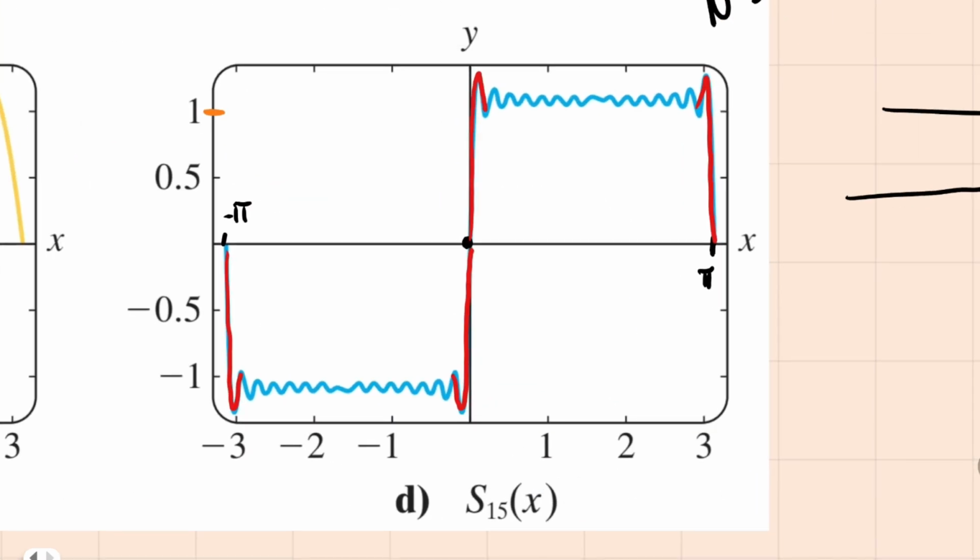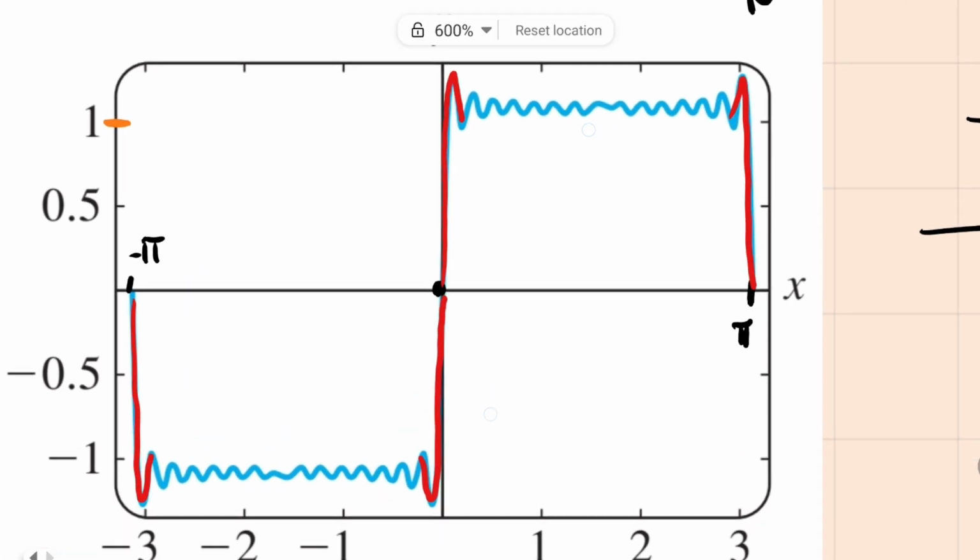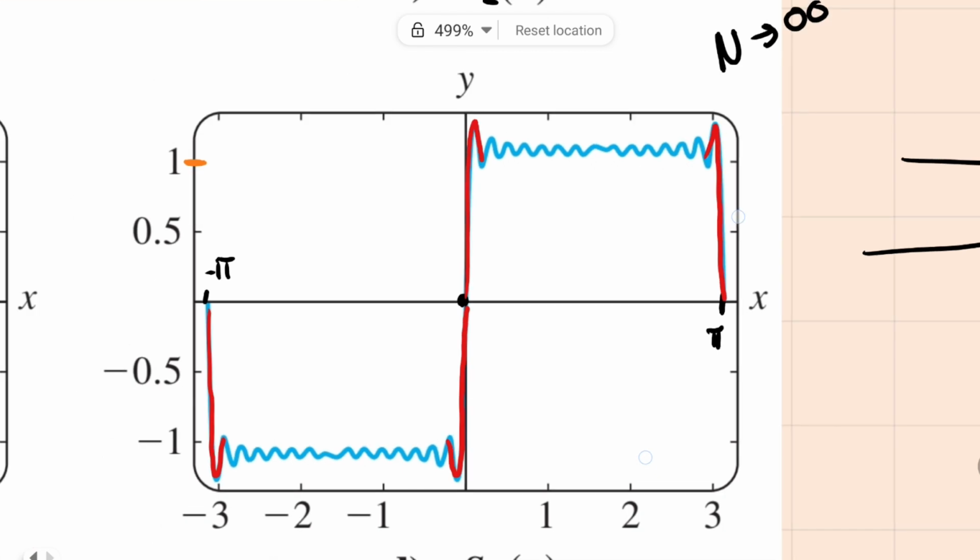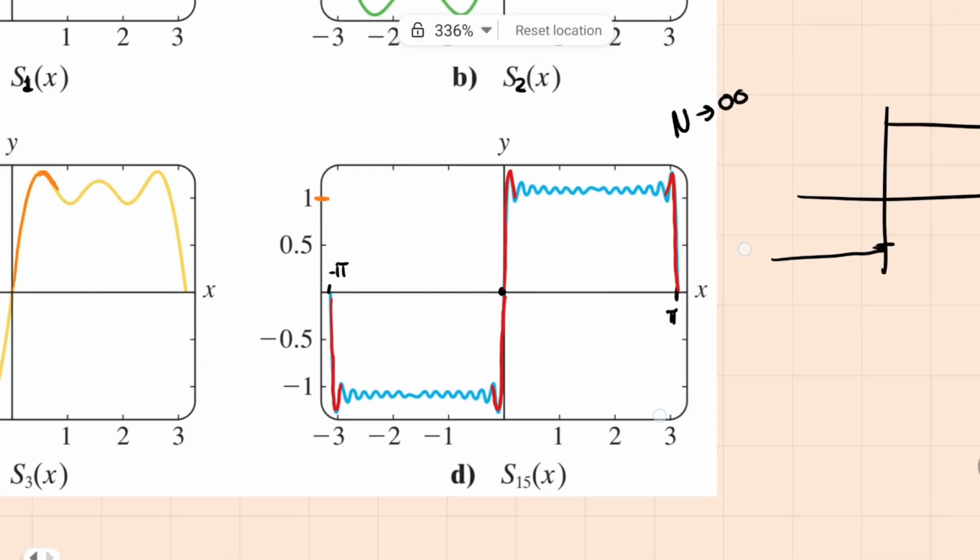We take the n equals to 15 case to start noticing that the Gibbs phenomenon appears, and it's very remarkable in this case. These peaks, again, only appear at the points of discontinuities.